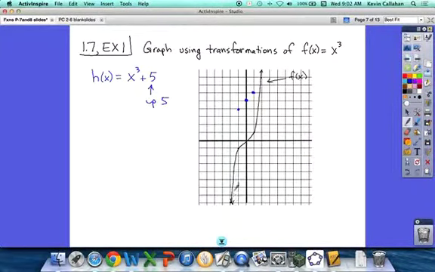And then this point, (-2, -8), if I move that up, it's about here. So I can draw that as a graph. Looks something like this. So just take the graph you're given, move it up 5.